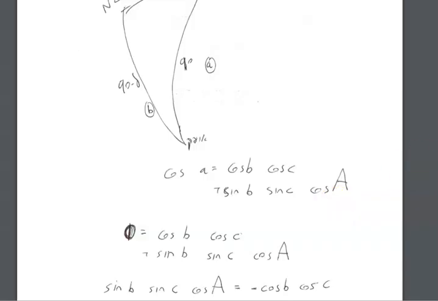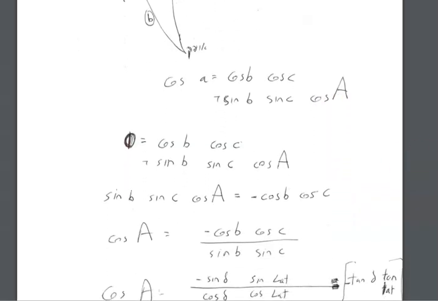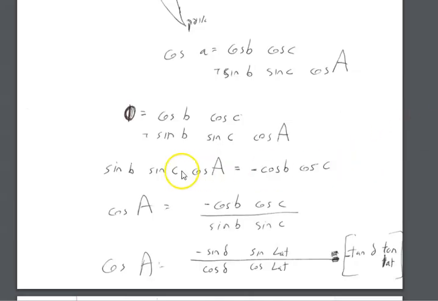Then we flip the sides. We make sine B sine C cosine A equal to negative cosine B cosine C. Then we do division. Cosine A is equal to negative cosine B cosine C over sine B sine C. Then we understand that cosine B is the same as sine of the declination, because B is 90 minus declination.